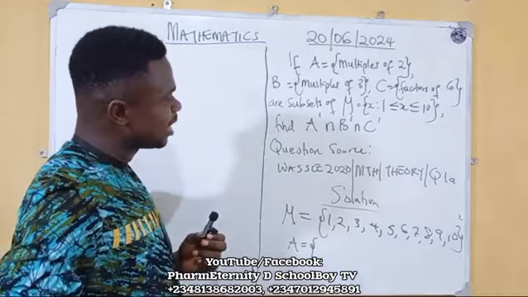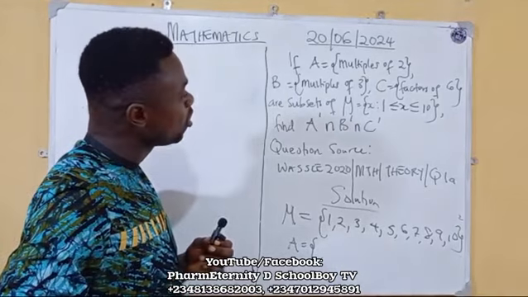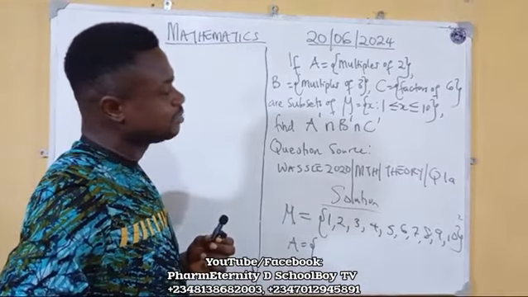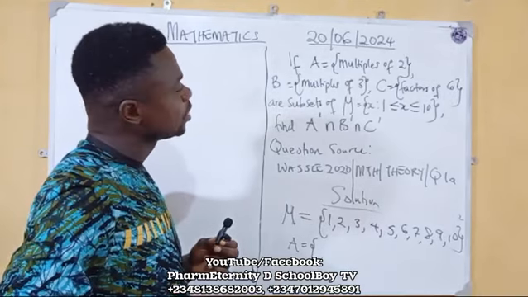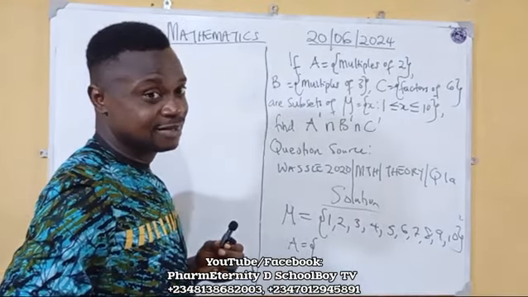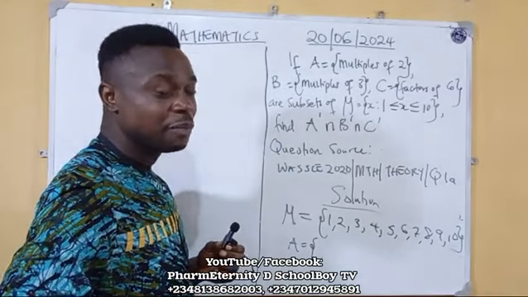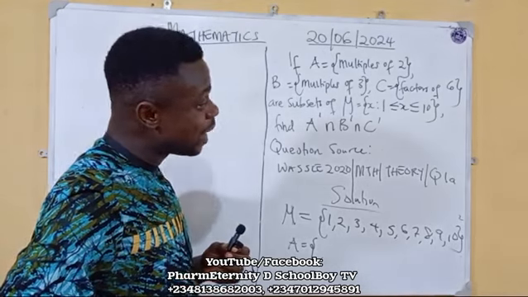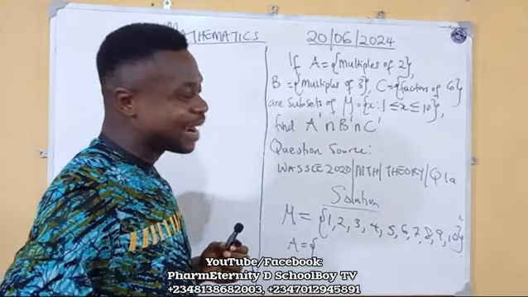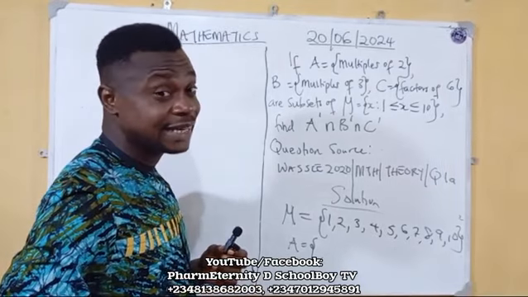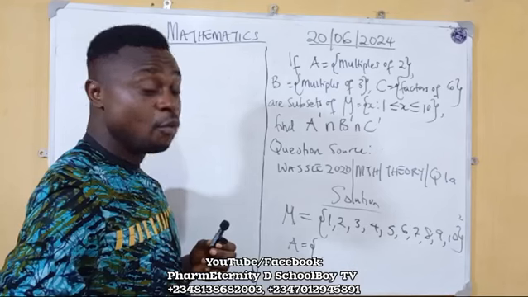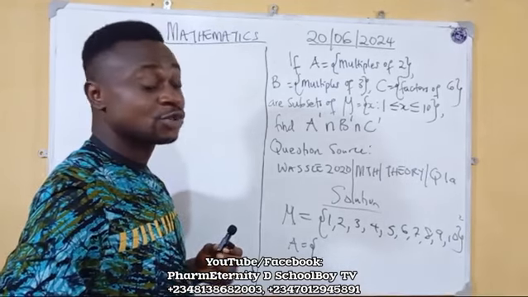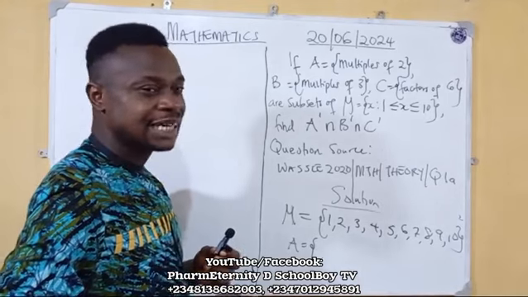Let me just break it down, no long grammar. What is a multiple of a number? It's simple. Multiples of a number are numbers that number can divide without any remainder.